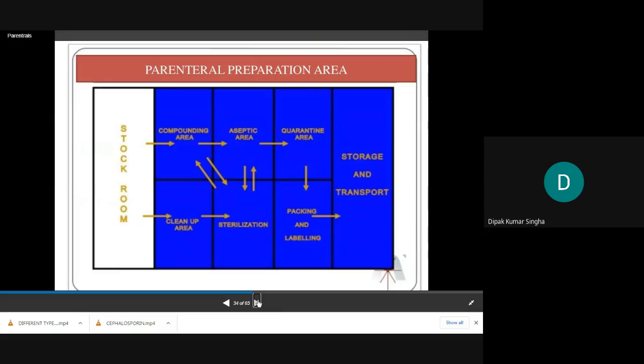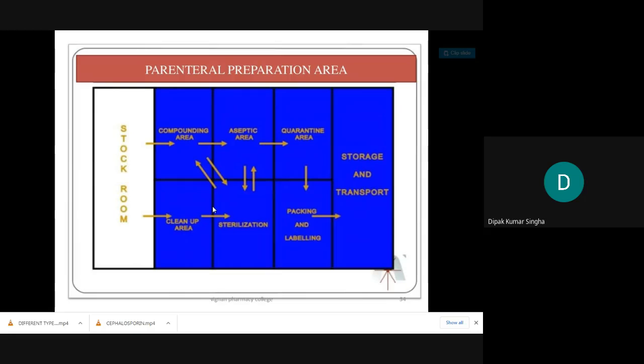And the parenteral preparation area must have a compounding area, aseptic area, quarantine area, storage and transport, packaging and labeling, and cleaning up area. Total 6 zones, and the stock room, and the storage and transport room. These are the basic concepts for the preparation of parenterals.